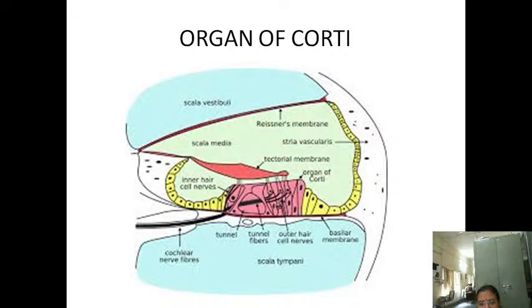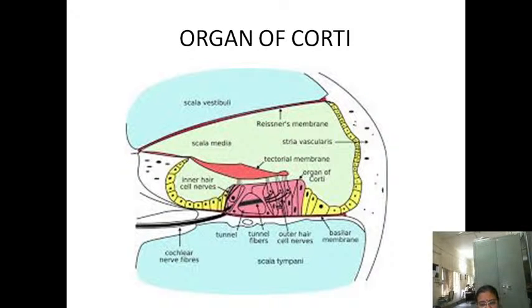In this picture you can see organ of Corti. Organ of Corti is present on basilar membrane. Basilar membrane separates scala media from scala tympani. You can see basilar membrane on the right side. It is a basilar membrane and 3 rows of outer hair cells.